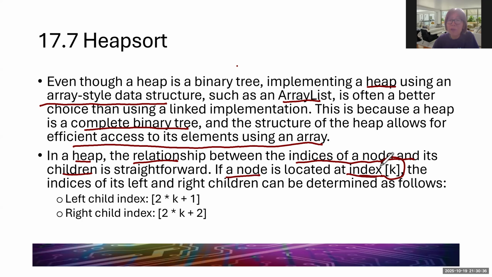If a node is at index k, then its left child's index is going to be 2k plus 1, and its right child's index is 2k plus 2. So there is this special relationship. That's why it needs to be a complete binary tree, so that we can maintain this relationship using an array.